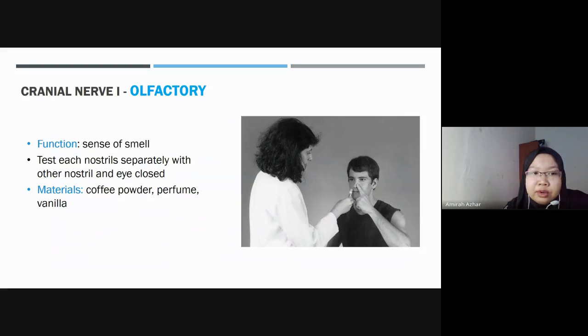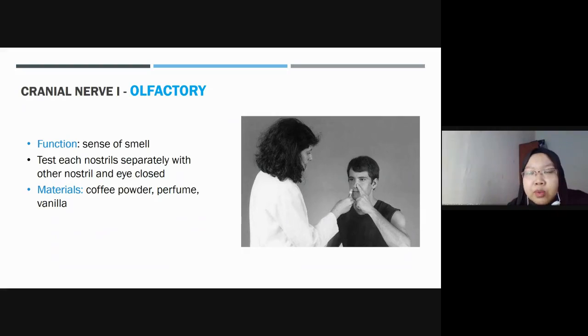To start off, we have cranial nerve 1. This is the function of your sense of smell. Smell can be assessed in a verbal way, as in the picture. For a cooperative patient older than 2 years old, you can use materials such as coffee powder, perfume, and also vanilla. How do you perform it? In the picture, you ask the patient to close one nostril and then ask them to sniff.